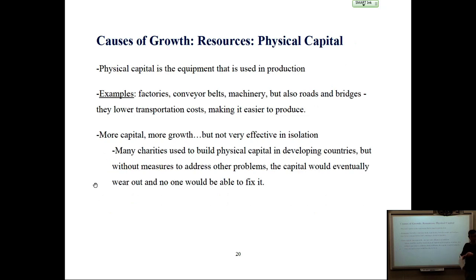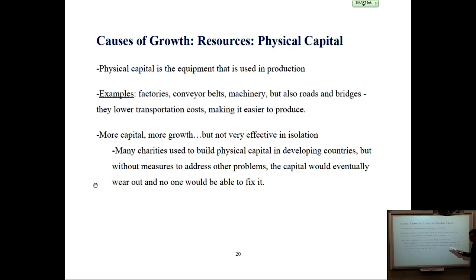So that's our first kind of resource, natural resources. The second kind of resource is physical capital. That includes things like the equipment used in production. So if your firms have a lot of machines in their factories, that's physical capital. It also applies to infrastructure.